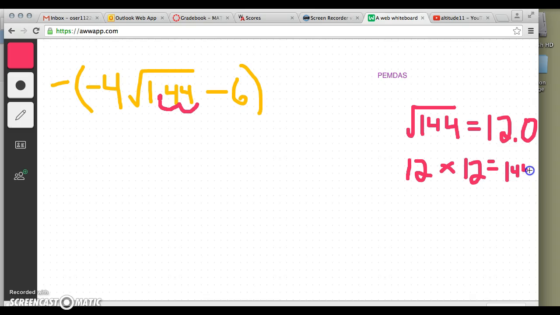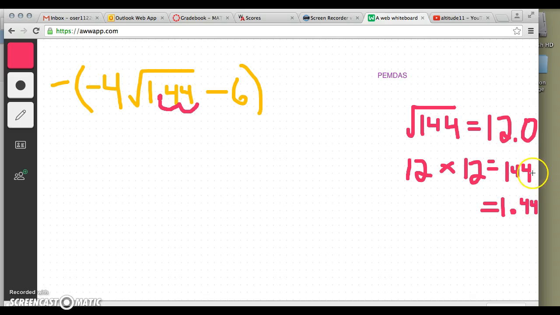All right, but remember that we did not start with 144. We actually had 1.44. So our job then is to come up with what number times itself, what times what, is 1.44.